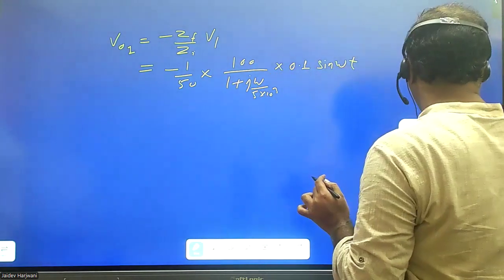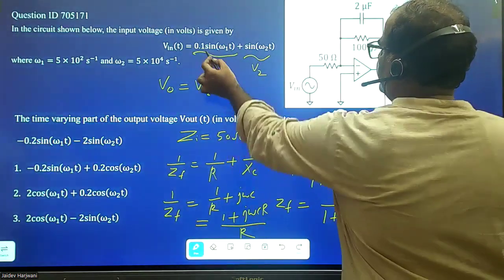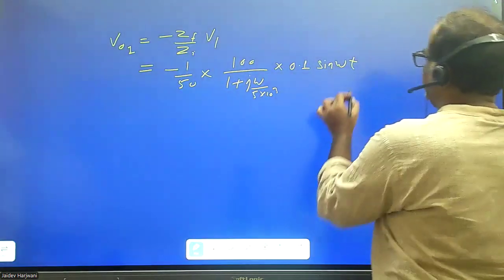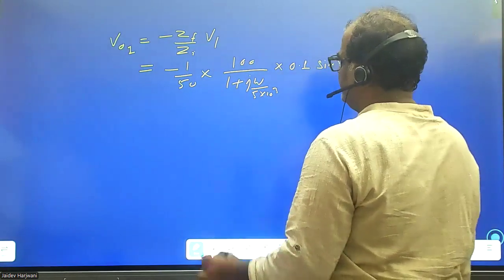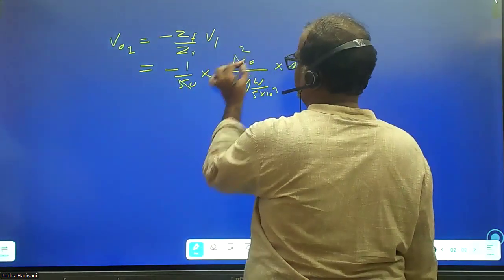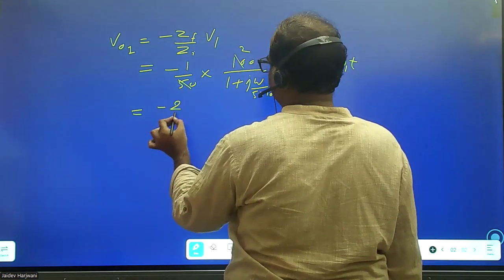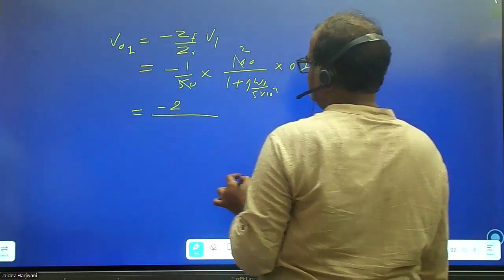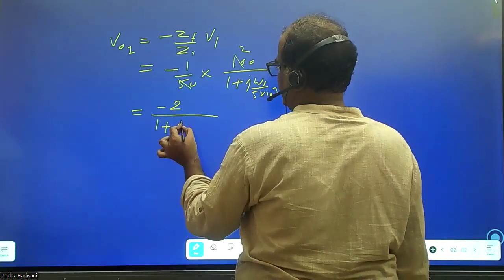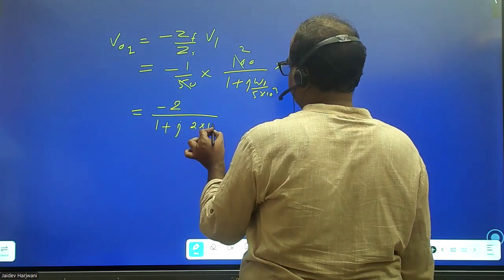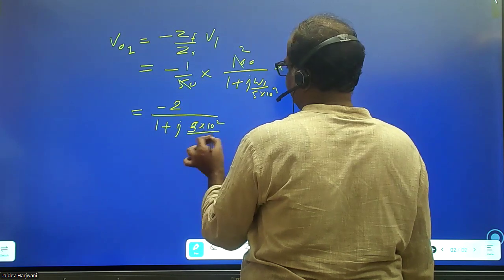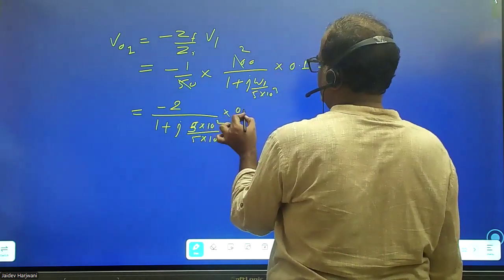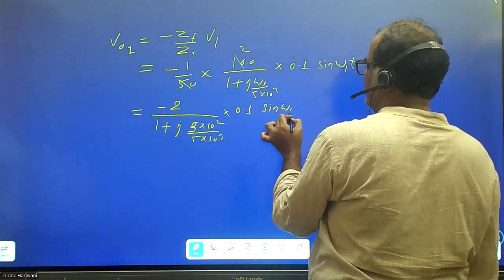If you clearly see the input, the first input is 0.1 sine omega 1t. Now if I solve this, 100 by 50 is 2, so this will be minus 2. Here I put omega 1, so 1 plus J, and the omega value is 2 into 10 raised to power 5 into 10 raised to power 2, upon 5 into 10 raised to power 3, and you have 0.1 sine omega 1t.